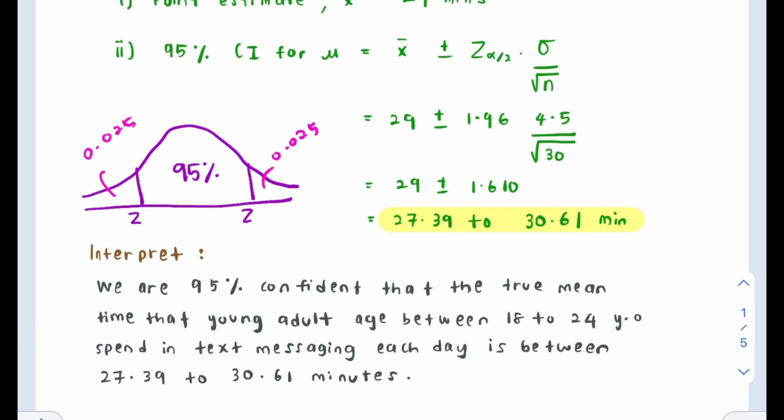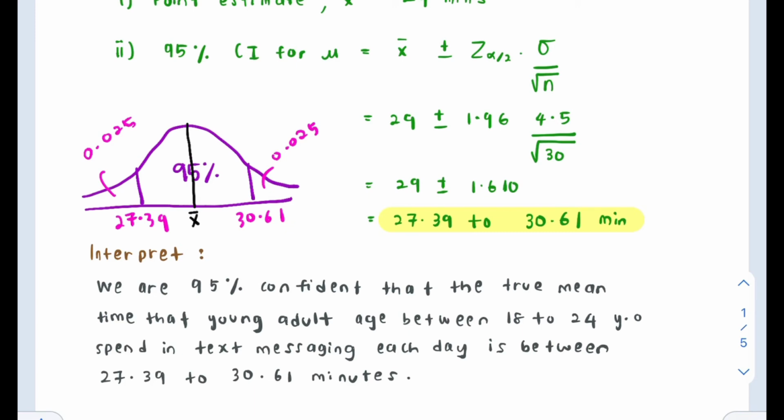If you draw the bell-shaped graph for the non-standard value, this is 27.39 up until 30.61, and in the middle here is your x bar value. Remember, x bar is the value that you got from the sample. So this is 29 minutes, and the range is from 27.39 up until 30.61.